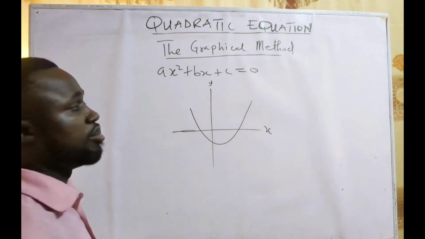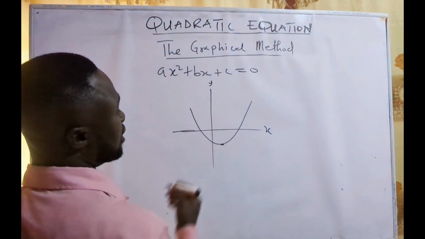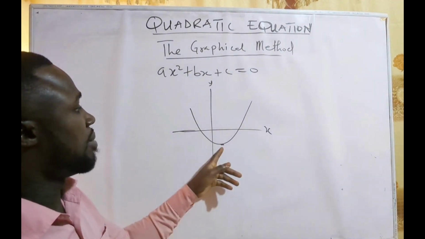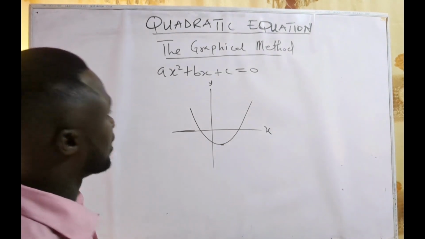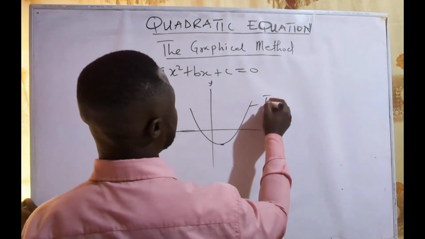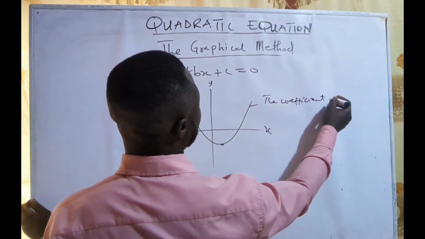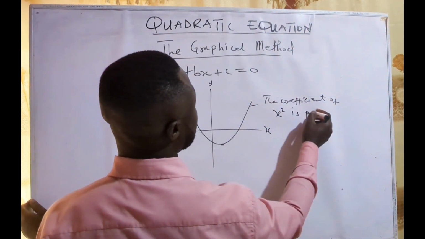Minimum means that the curve will be in this particular shape, like the U shape, where we may have a minimum value of y and its corresponding x value. So this is where the coefficient of x squared is positive.